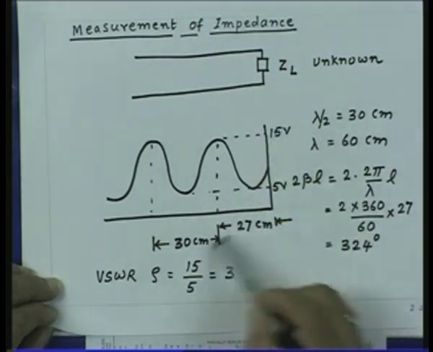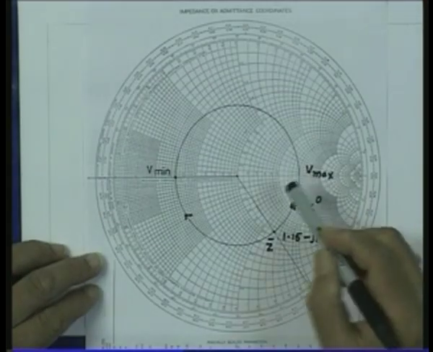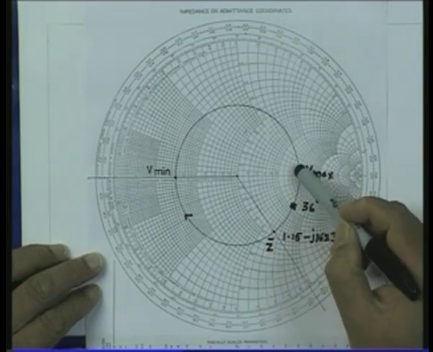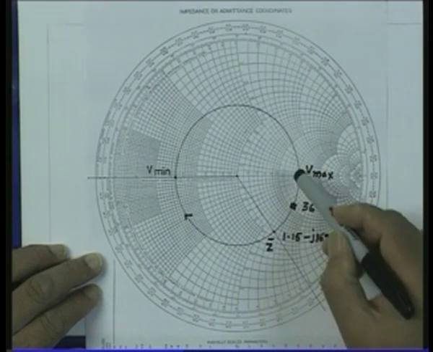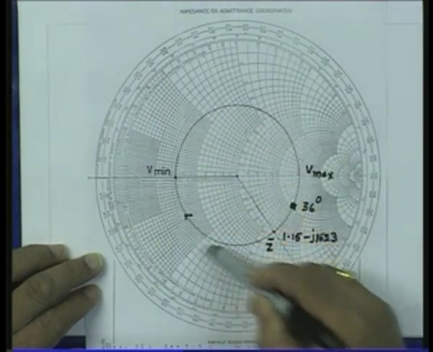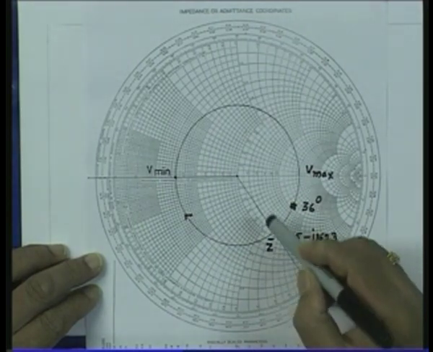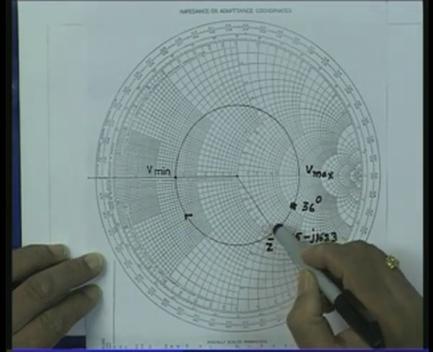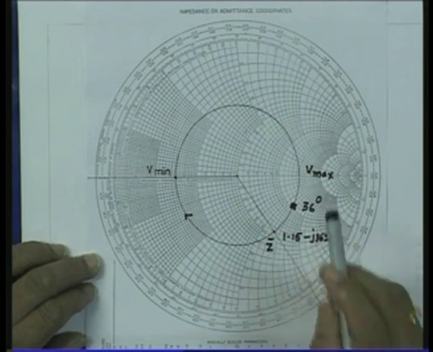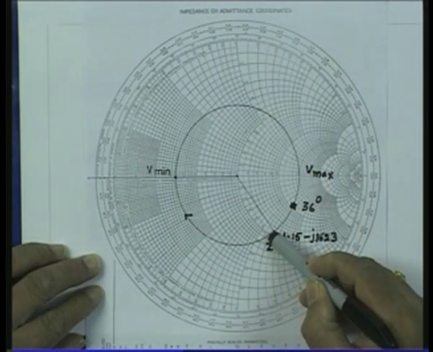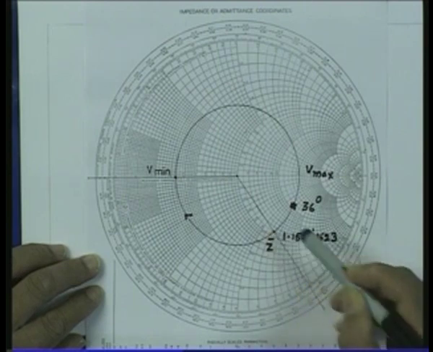So, essentially from the maximum location, if I move away from the generator, that means in the anti-clockwise direction, by an angle of 324 degrees on this constant VSWR circle, whatever point I reach corresponds to the load impedance. So, I make a movement like this by 324 degrees, and I reach this point.